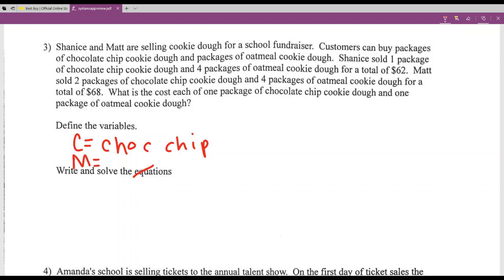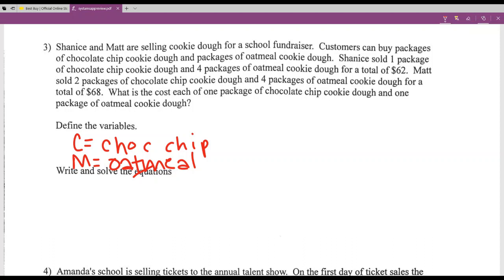Again, it doesn't have to be these two variables. You can make variables whatever you want them to be. They can even be symbols if you wanted them to be. They're just taking the place of an unknown. We don't know how many chocolate chip or oatmeal cookie dough packages they sold. So pick any two variables.